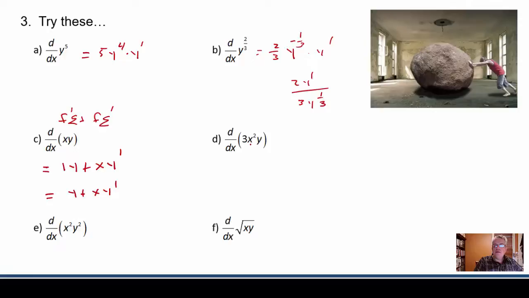This is the product rule again. We'll let this be f here and this be g. So f prime would be 6x times g, which is y, plus f, which is 3x squared, times g prime, which is y prime. Okay, we'll leave it like that. This one, product rule again.